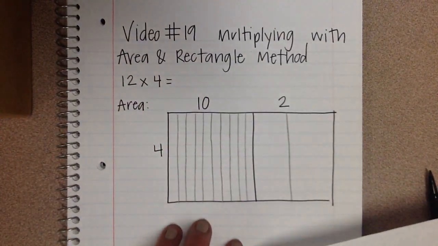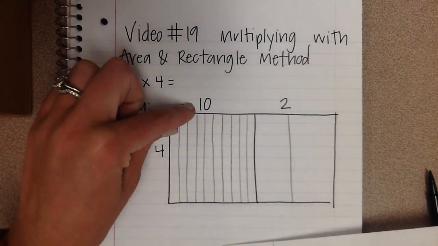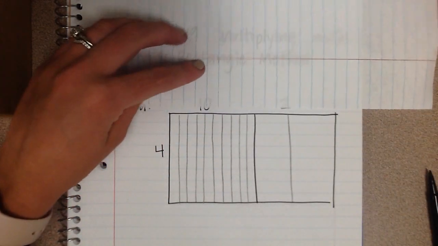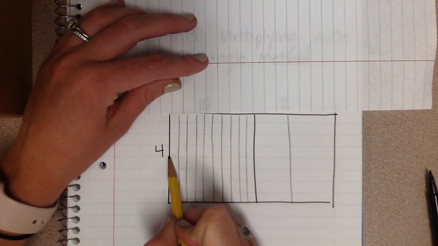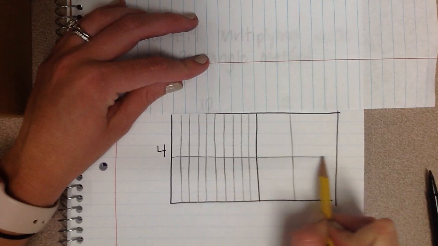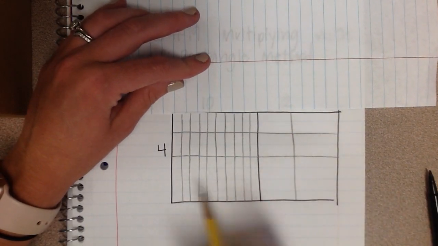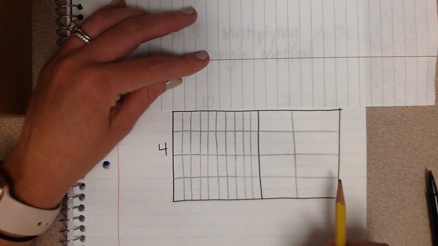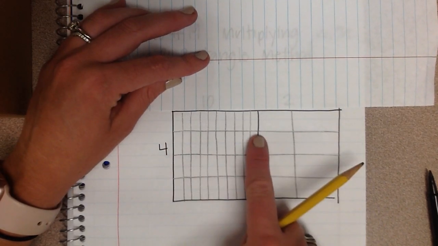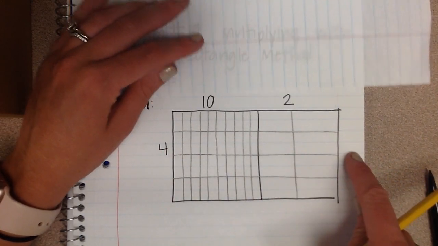Now my numbers are going vertical because of the number at the top. Now the number on the side, I'm going to break into 4. I'm going to go all the way across, all the way across, all the way across. So I didn't stop at the black line, I stopped at the second black line. I went all the way across.